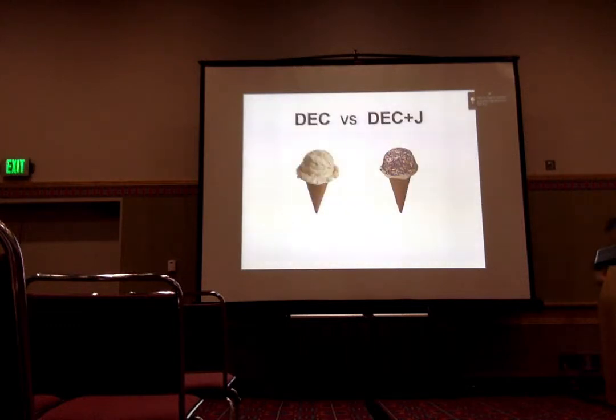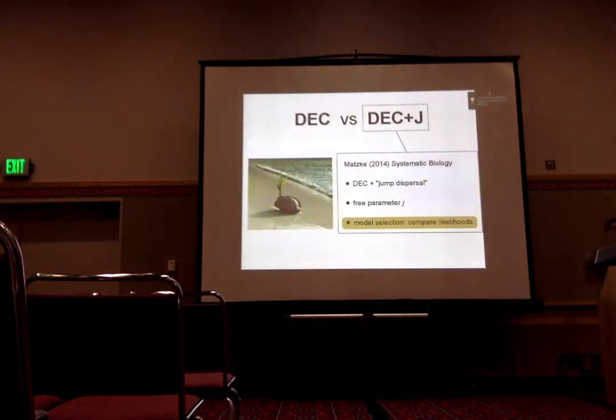All right, so with reference to DEC and DEC+J, this is a choice that people face and have faced a lot in recent literature since Nick published his paper: whether to use DEC or DEC+J or some other variant of DEC in biogeography. So just in a nutshell, what's DEC+J?